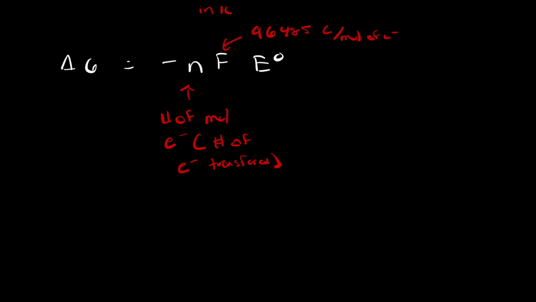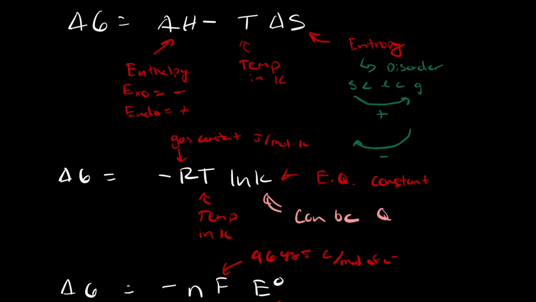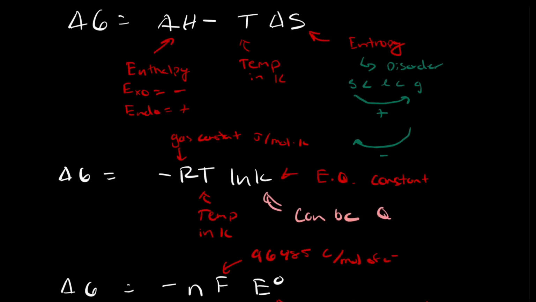And lastly, we have E here, which is our standard reduction potential. That's all three of the equations that we need to know here. This is all three of the equations here that we can use to figure out what delta G is.